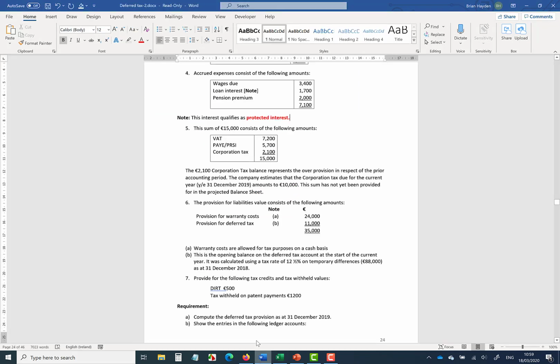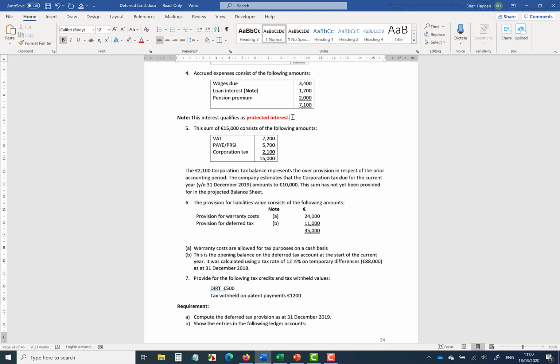For the loan interest, it is protected interest. Now this is a non-trade charge, and hopefully you can figure your way through this. Charges generally, whether they're trade or non-trade, are allowed to be deducted on the basis of the amount paid.